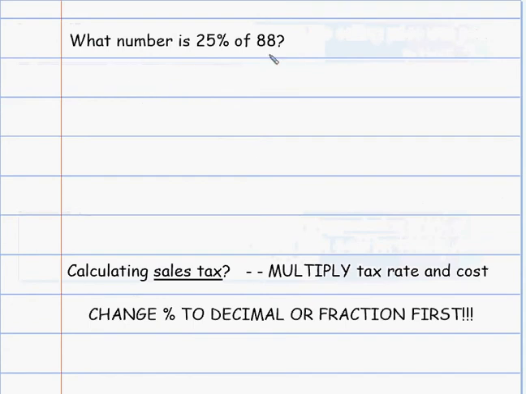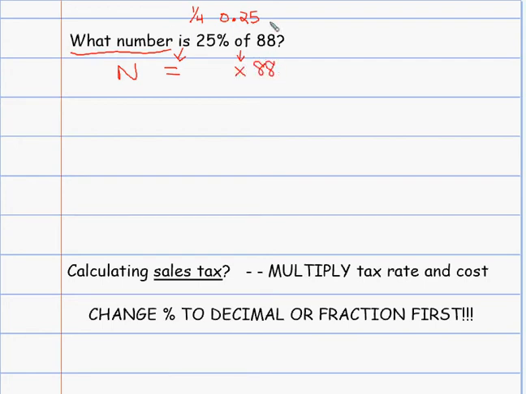Okay, one other type of problem, back to just translating the equation. What number, that's n, is 25%? Okay, so this you could either use 1/4 or you could use decimal point 25. And now look at what your options are and what number you have, because this is going to be "of" and this is going to be 88.